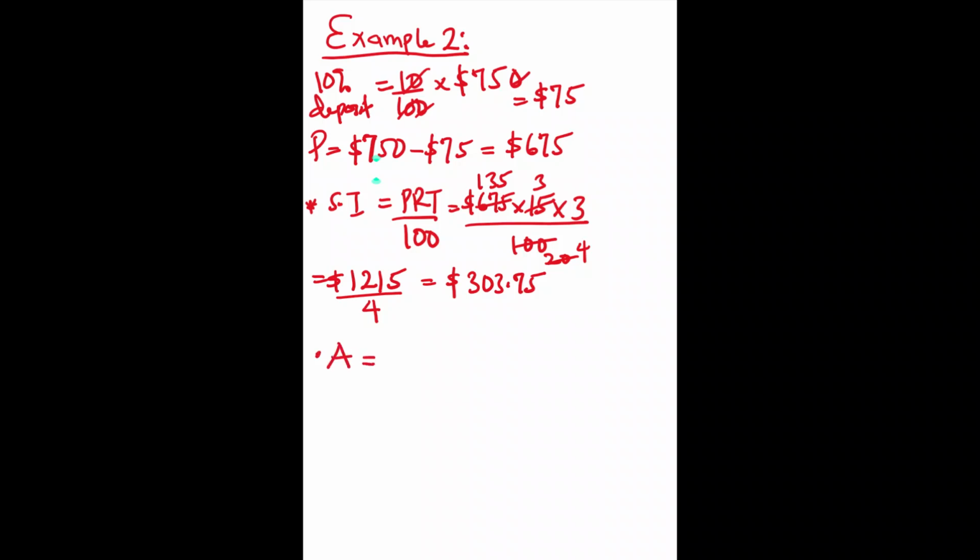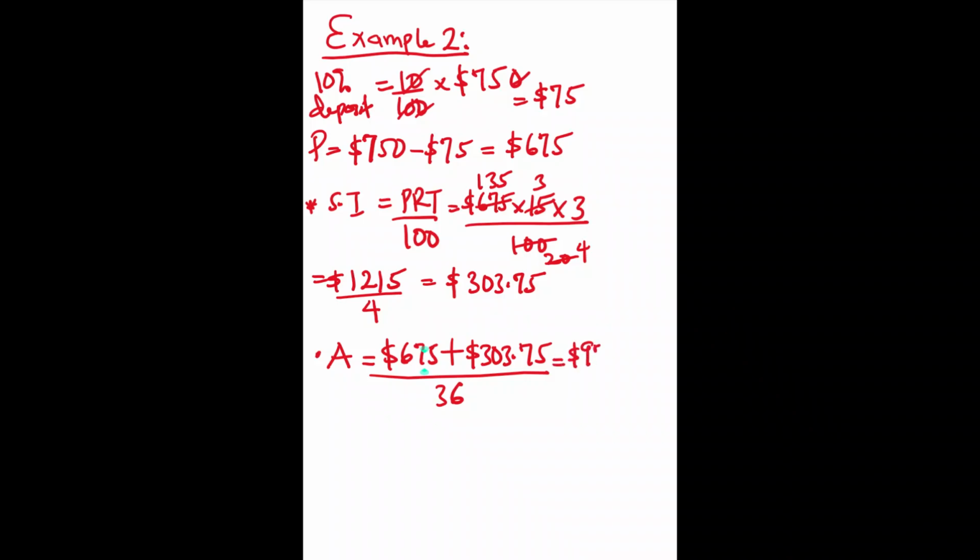And now we have to find the amount to pay every month. That is A equals the principal plus simple interest divided by 3 years. We know that 3 years is 36 months, that's 12 months to make a year, 3 times 12 is 36. So let's do $675 plus 303.75 divided by 36 months.